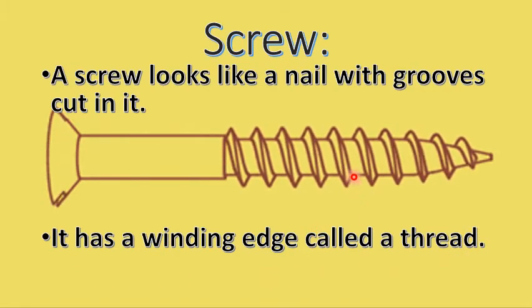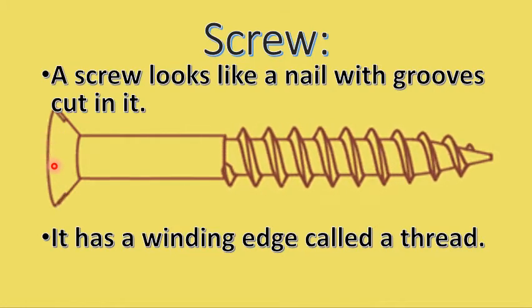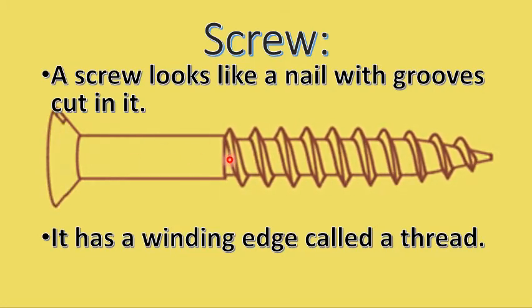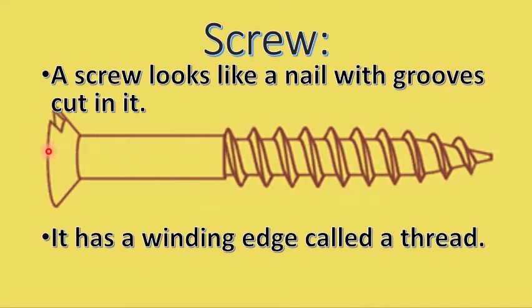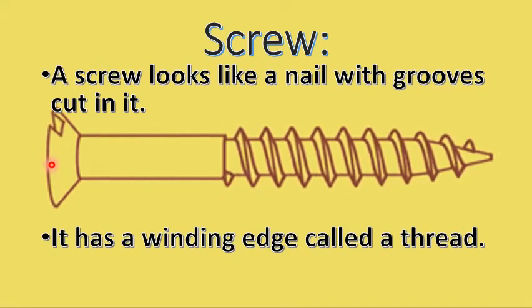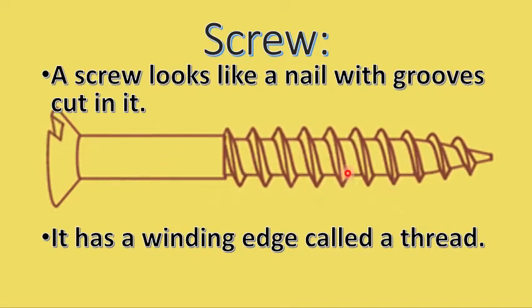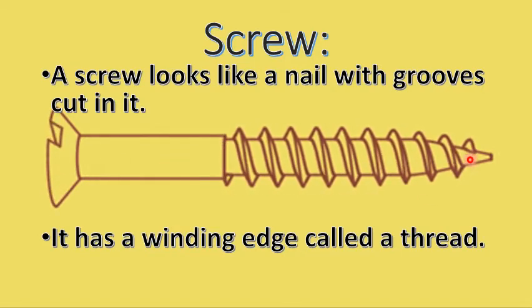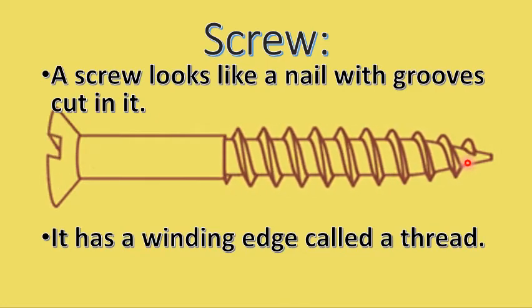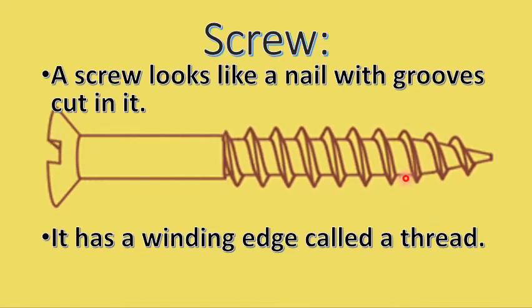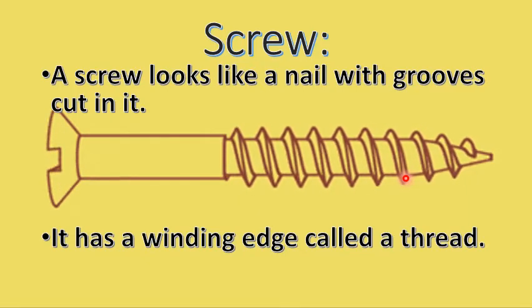So here we are talking about grooves, that it is a needle-like structure, or we can say a nail-like structure having grooves over the surface. Plus it has the winding edge, with the help of which we can make it tight in walls or in different things. So this is called thread.